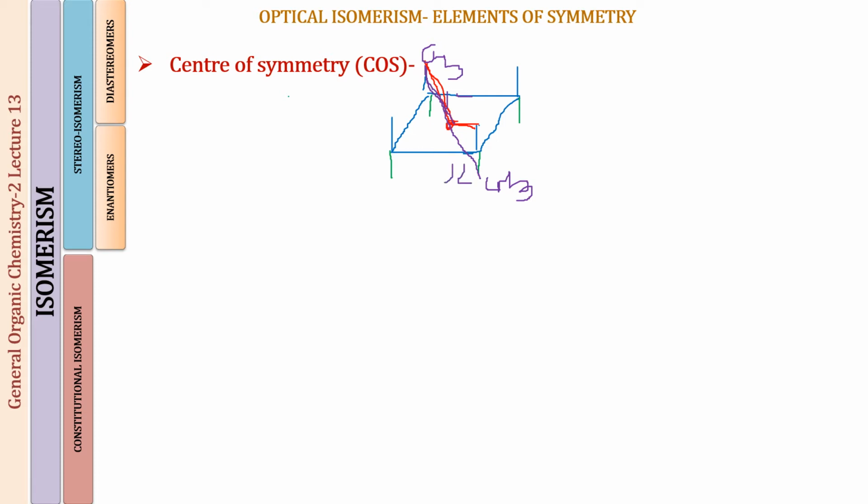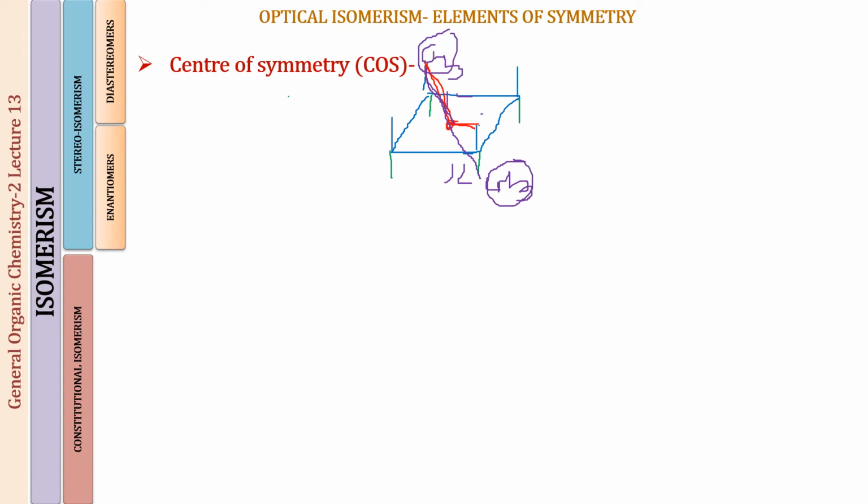Fine. So I hope this is clear to you that if I move from the center of this bed and I encounter a CH3 above, I will encounter a CH3 in the equal and opposite direction when this CH3 group is going to be below.